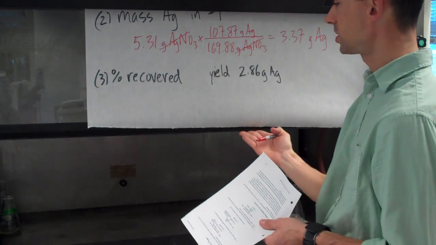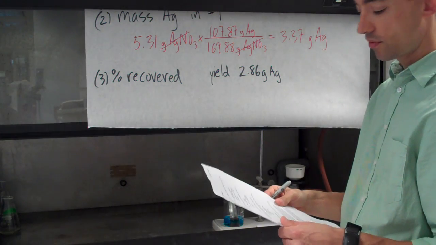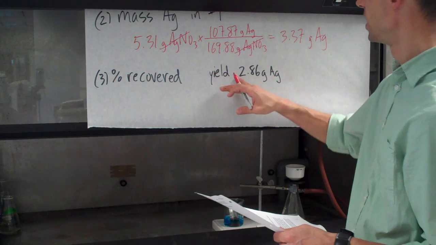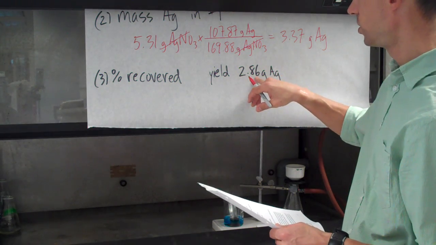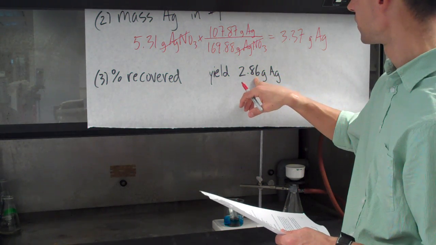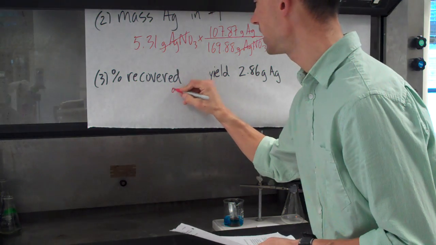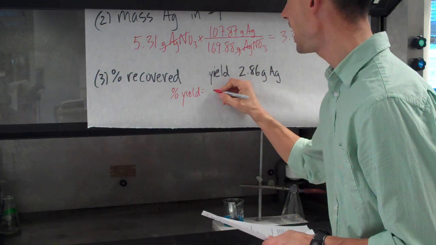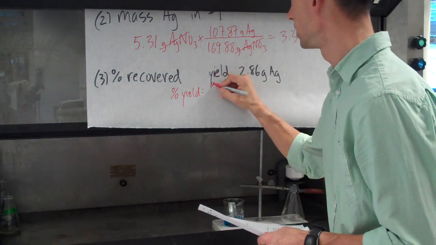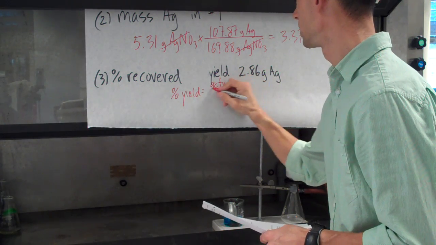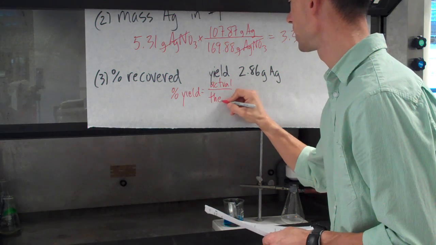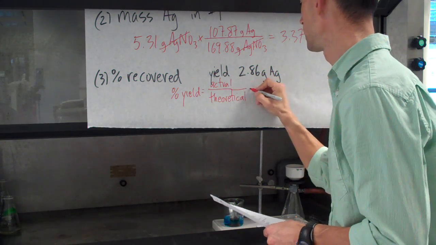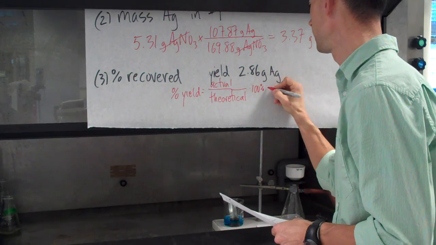And then the last question says, well, what's the percent recovered yield? So how good was your work, in other words, if you actually only get 2.86 grams of silver? And so the percent recovered or percent yield is the actual yield divided by your theoretical yield times by 100%.